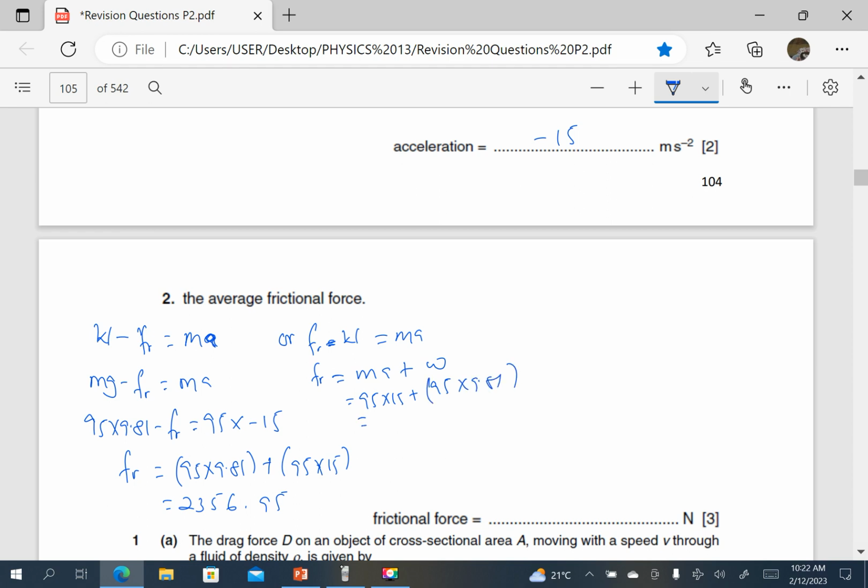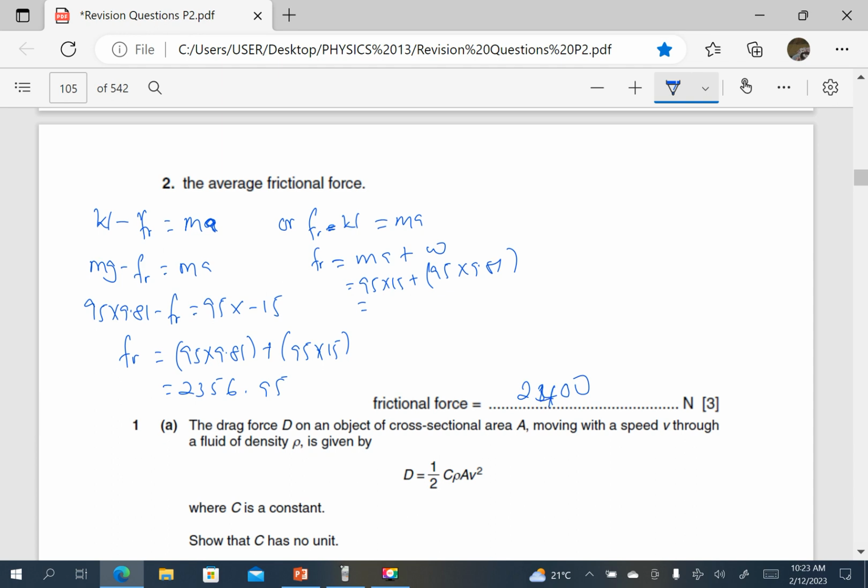That would give you the same value. So this is approximately 2400 newtons.